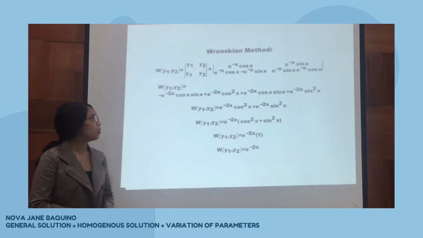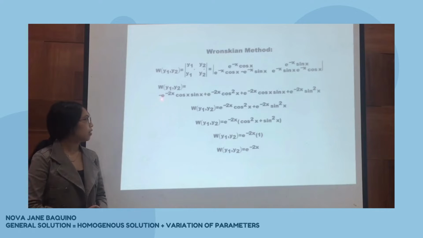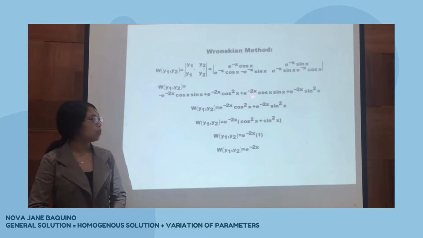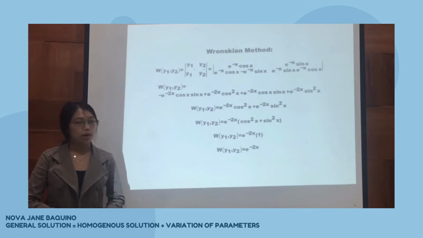So we have W of y sub 1 and y sub 2, which is negative e to the negative 2x cosine x sine x plus e to the negative 2x cosine squared x plus e to the negative 2x cosine x sine x plus e to the negative 2x sine squared x.